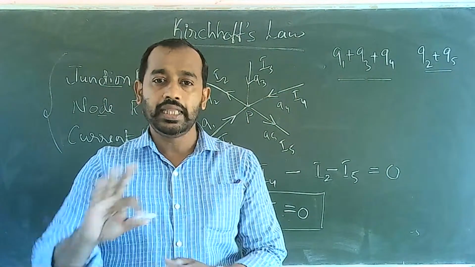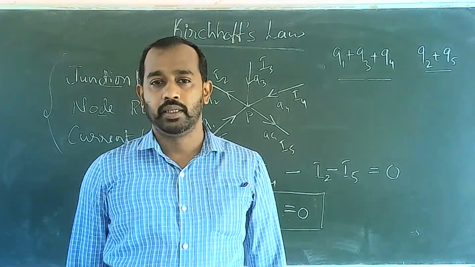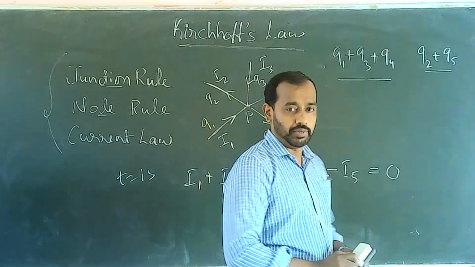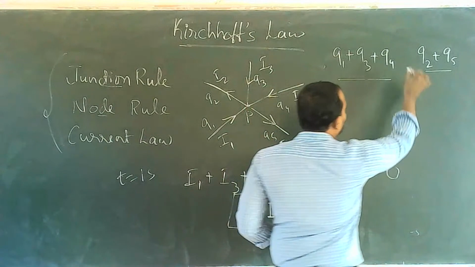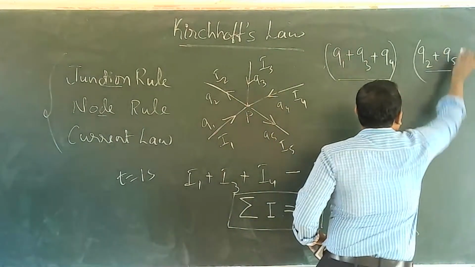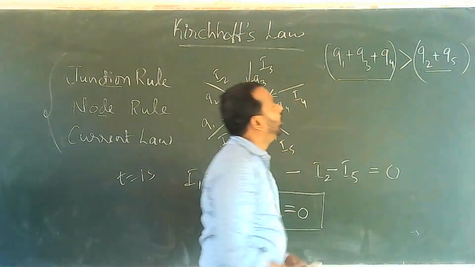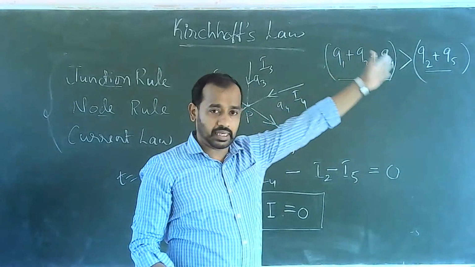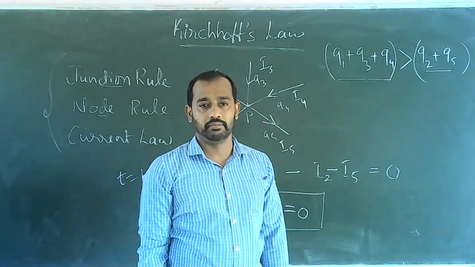If they are not equal, then there are two possibilities. Let us assume that they are not equal. Then there are two possibilities. Either the charges entering the junction are greater than the charges leaving the junction.